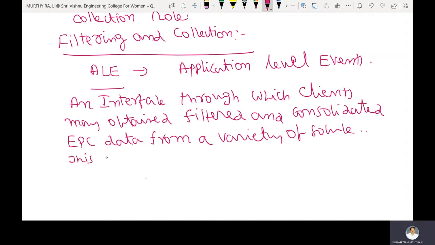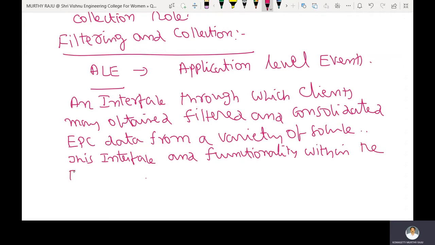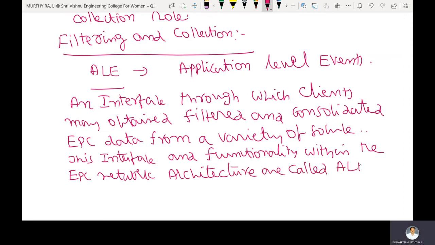This interface and functionality within the EPC network architecture are called ALE, application level event.